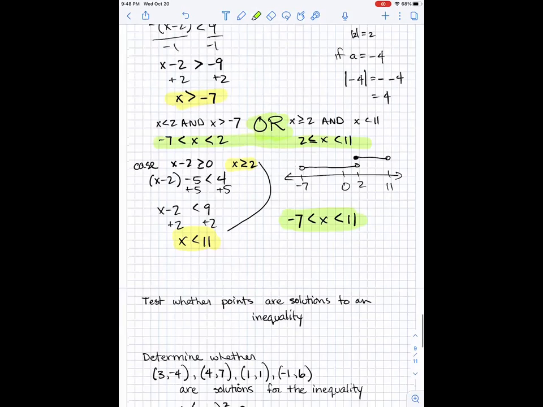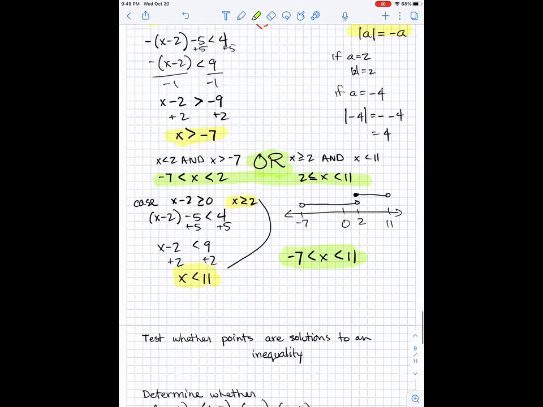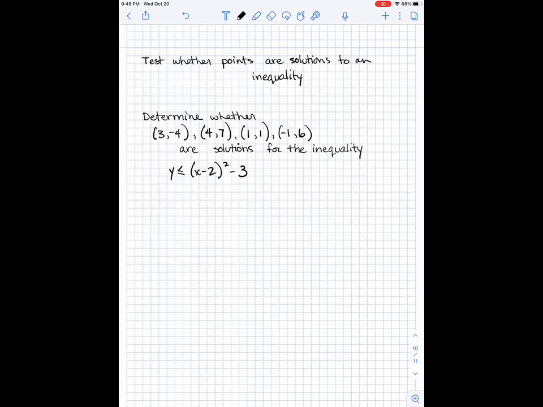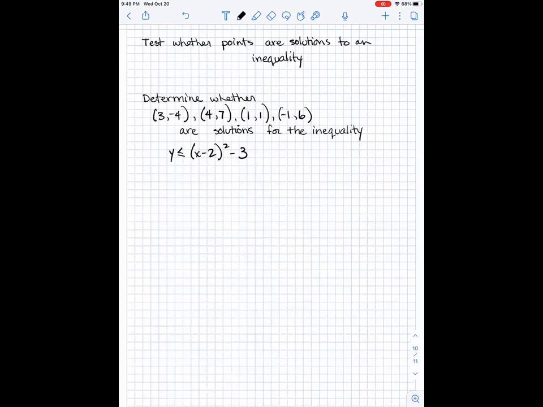The last type of problem that you might get is testing whether points are solutions to an inequality. And this is what you do when you're trying to test a solution against anything: you plug it in and see if it works. So we would take the first one, 3, -4. What that means is your x is equal to 3, your y is equal to -4. So -4 is less than or equal to x minus 2 squared minus 3, so we get 3 minus 2 squared minus 3.